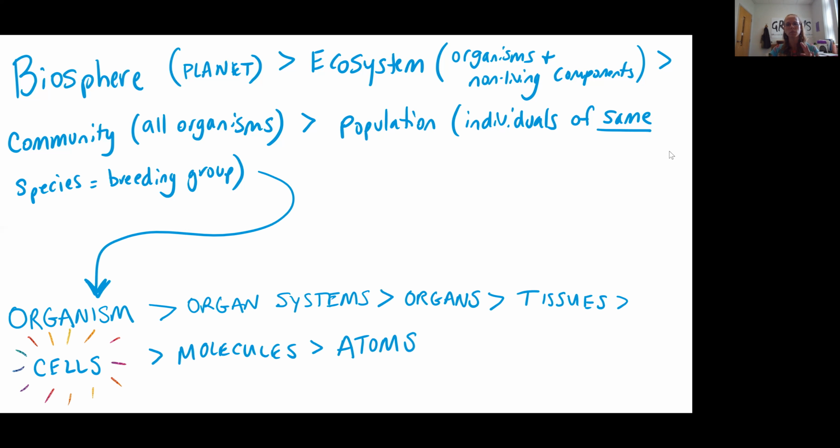So here on this particular slide, we see the progression from the very largest type of classification down to the very smallest type of classification. What's interesting here is, again, new properties are emerging at each level. As biologists, we can be interested in the molecules that make up life, or we can be interested just in studying the cell, or we can study just the tissue, or we can be interested in studying it at the population level.